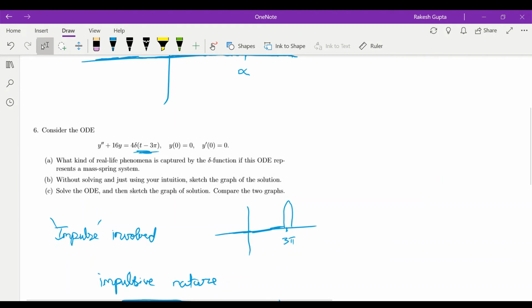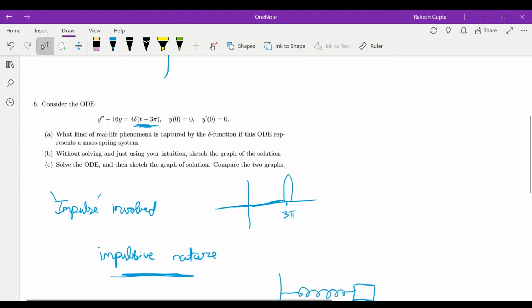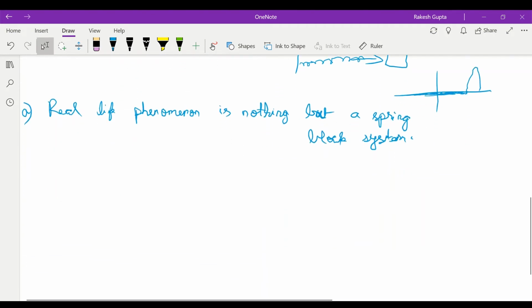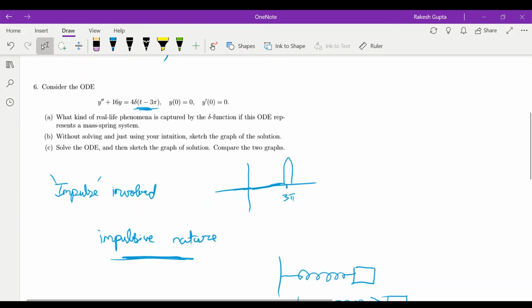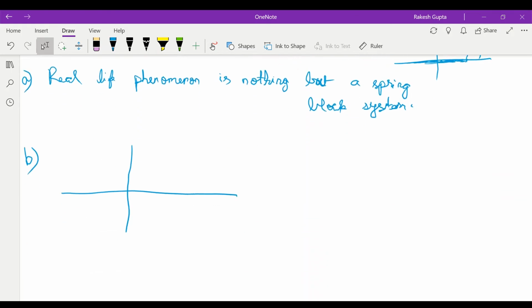Coming to the B part, where we have to sketch the graph. As given in the ODE, the Dirac delta function is t minus 3 pi.